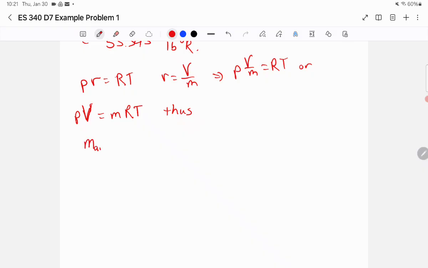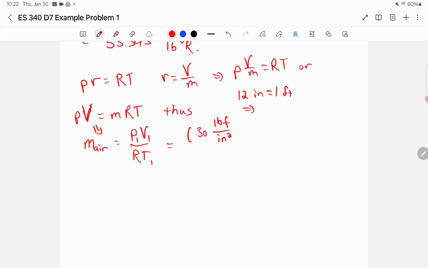But that means that the mass of the air, if I rearrange this equation, has to be equal to P1 V1 over R T1, and this is going to conveniently have mostly what we want, although we're going to have to convert the pressure so that it's per foot squared. So this is going to be equal to 30 pound force per inch squared, and note that there's 12 inches in 1 foot.